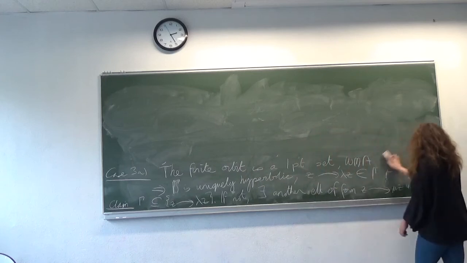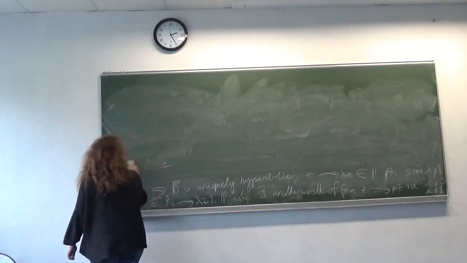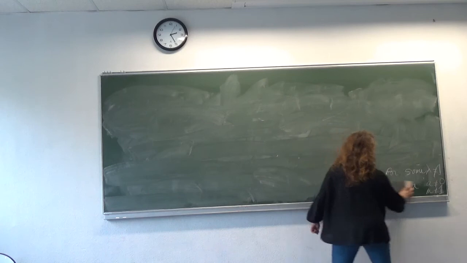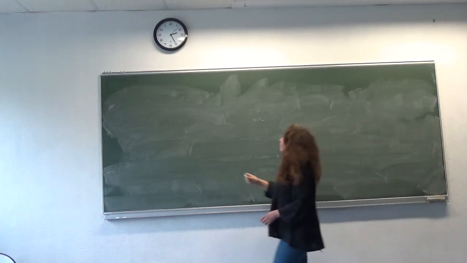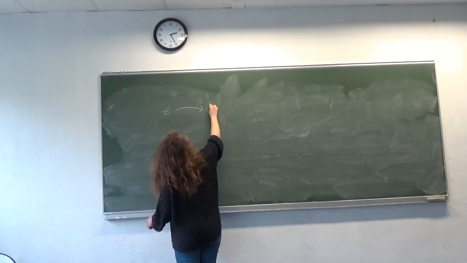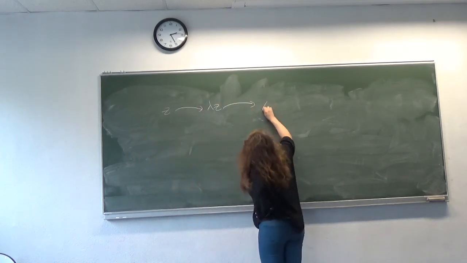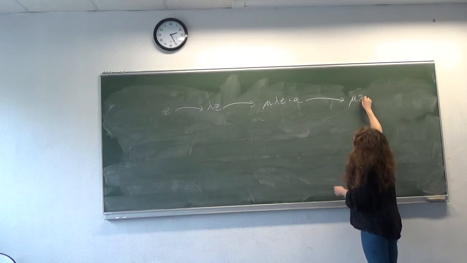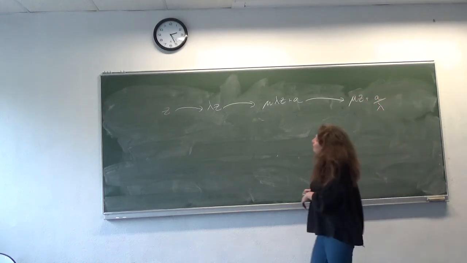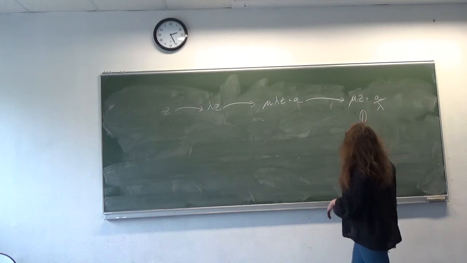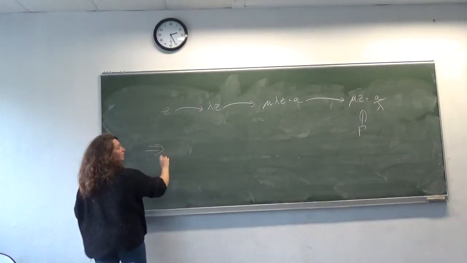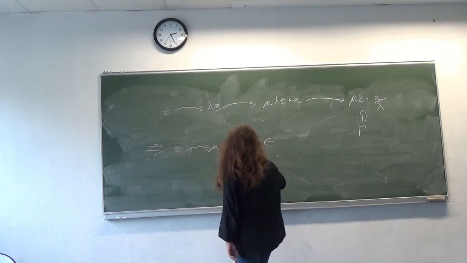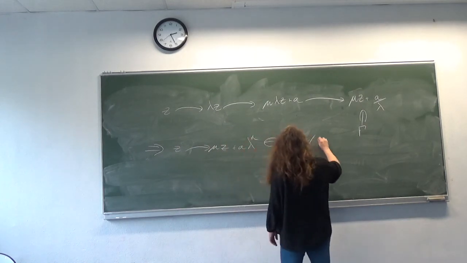But then, I can conjugate these two hyperbolic elements. I take z goes to lambda z goes to mu lambda z plus a, and then I divide by lambda, it goes to mu z plus a upon lambda, so this has to be contained in gamma, and what I get is that z goes to mu z plus a lambda to the n is contained in gamma for all n.